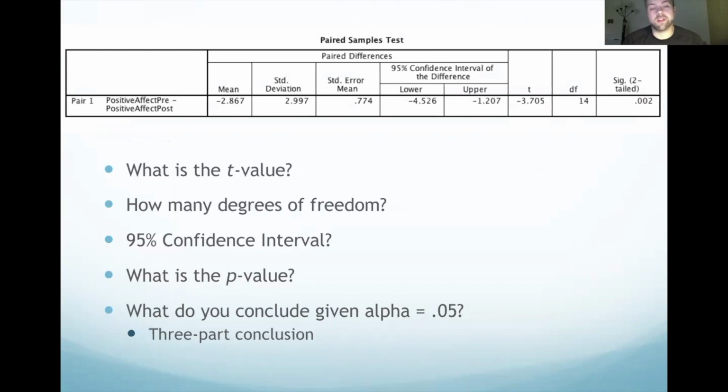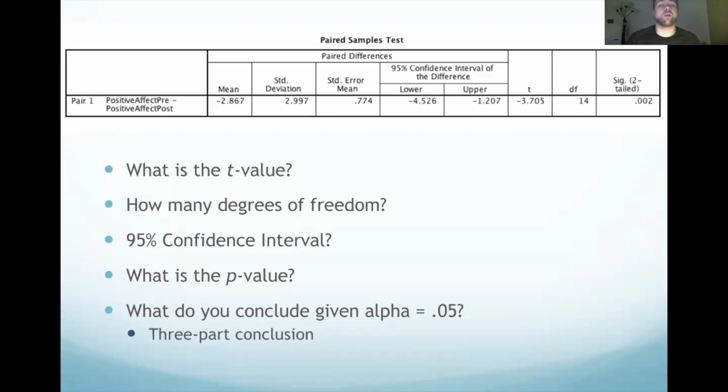I talk a lot about this in class because I think it's cool to have this kind of backup check to our significance. So our 95% confidence interval is this right here, and we have negative 1.2 to negative 4.5. And again, as I always say, what's really nice about this is that it doesn't have 0. It would be very problematic if our 95% confidence interval included 0 because 0 is our null hypothesis.